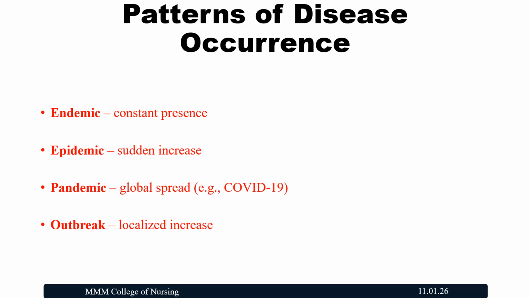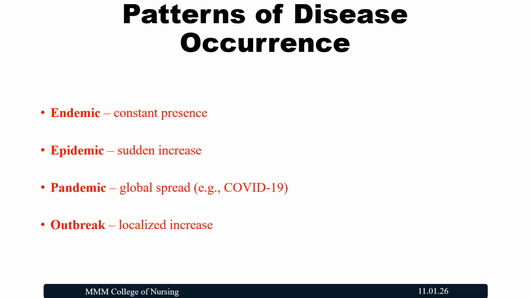Next, epidemic. Epidemic means sudden increase of disease, unusual presence of disease in a particular area. Pandemic, global spread. Example, COVID-19. Next one, outbreak. Localized increase of cases in a particular area.